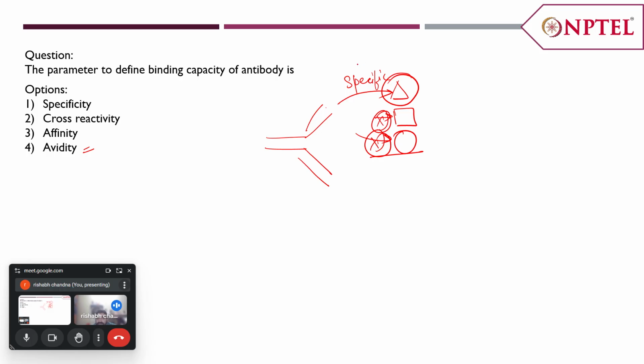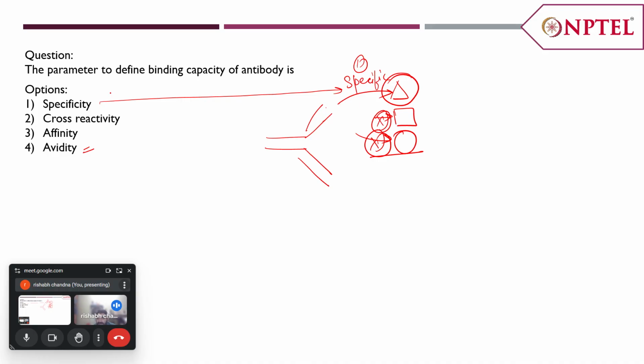So the first thing, specificity, is this part. It is specific for only one pathogen. So this kind of antibody, for example IgG or the different antibodies that we have, is specific to different epitopes. Sometimes, if there is a certain region of similarity between the two epitopes, then one antibody can bind to the other antigen, but generally it is specific for a single epitope.